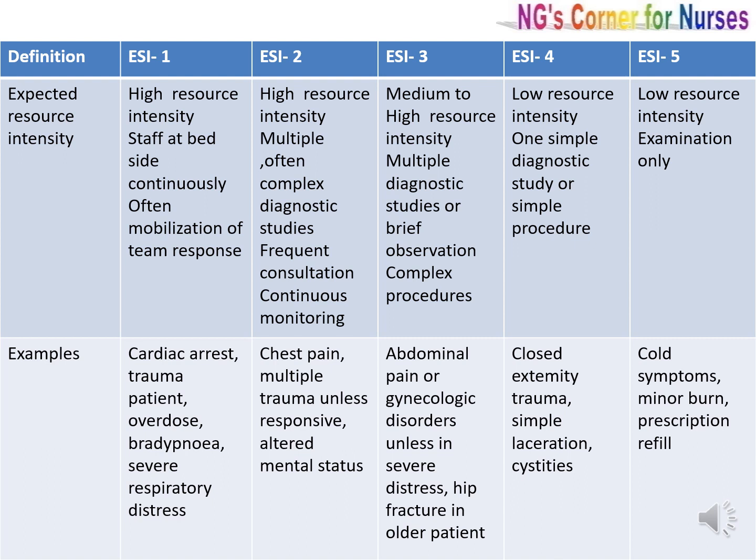Patients with abdominal pain or gynecological disorder, unless in severe distress, hip fracture in older patients come under ESI category 3. And the patients with extremity trauma, simple laceration or cystitis come under ESI category 4. And the patients with cold symptoms, minor burn, prescription refill, these kinds of patients come under ESI category 5.